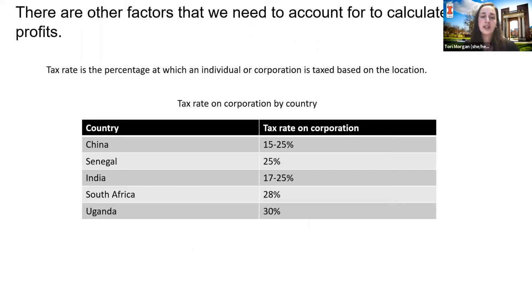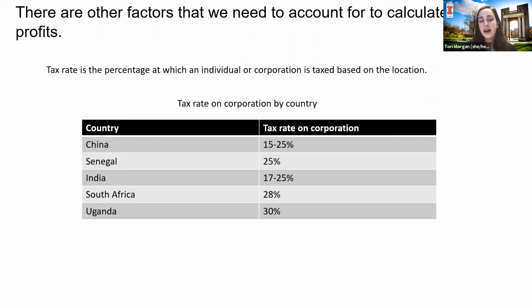And then another factor to account for net profits is the tax rate. That's the percentage at which an individual or corporation is taxed based on the location. Usually in our analyses, we look at different countries and see how the tax rate and other contextual factors vary in those countries. For example, we're looking at the tax rate on corporations in China, Senegal, India, South Africa, and Uganda.